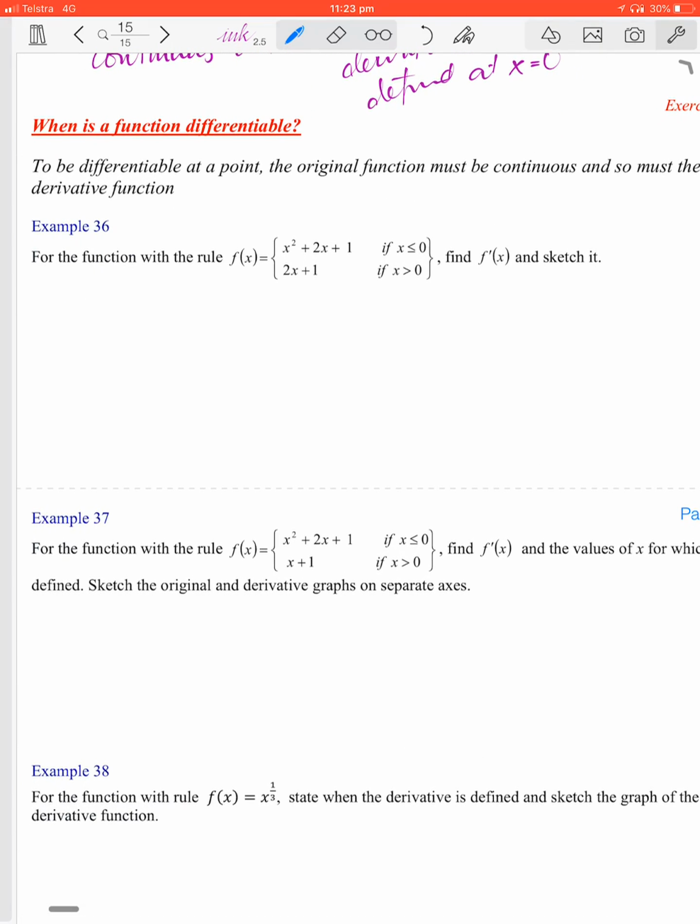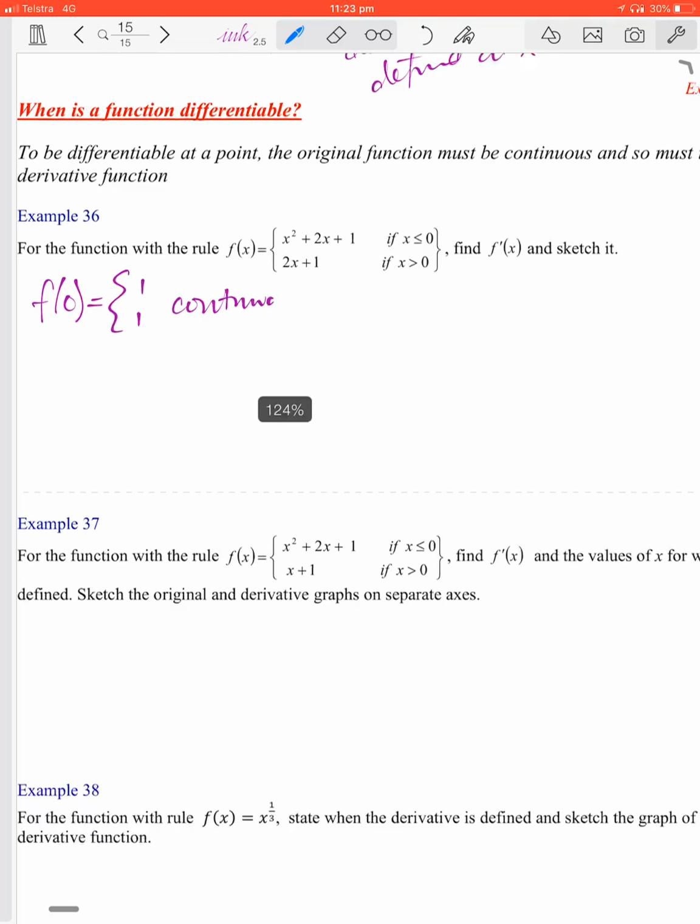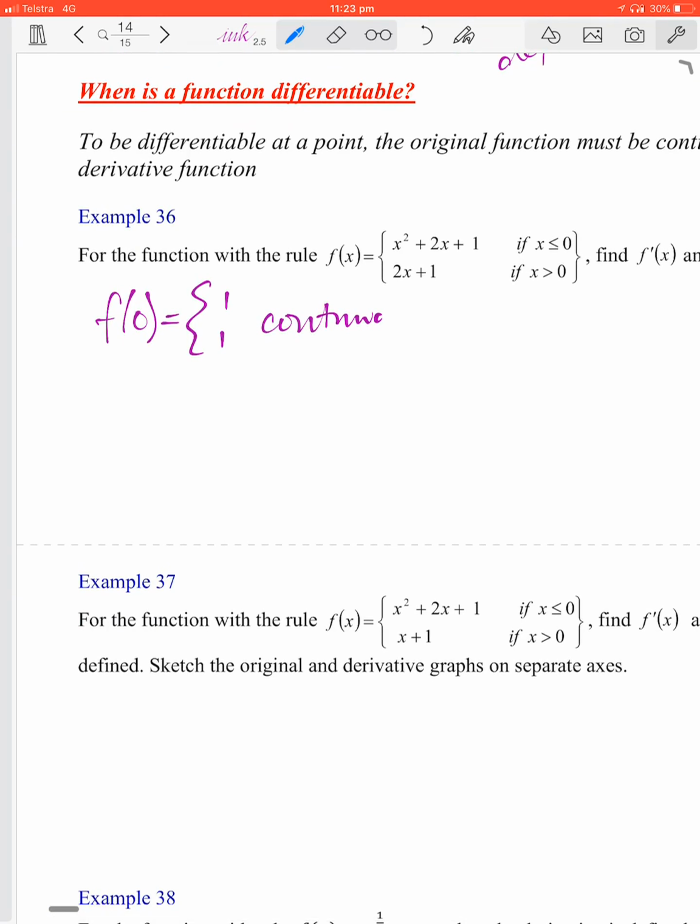Now, here's a graph, look at this rule. So find f dash of x and sketch it. So if we said find f of 0 in both of those equations, in the top one we get 1, in the bottom one we get 1, so we say it's continuous for all x.